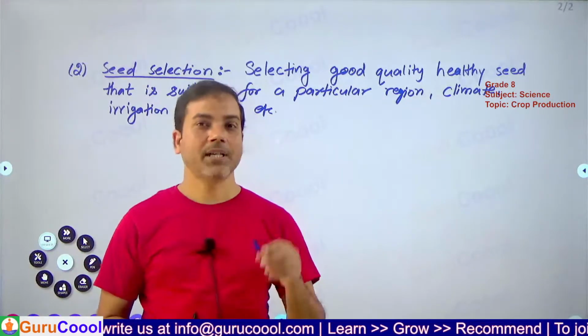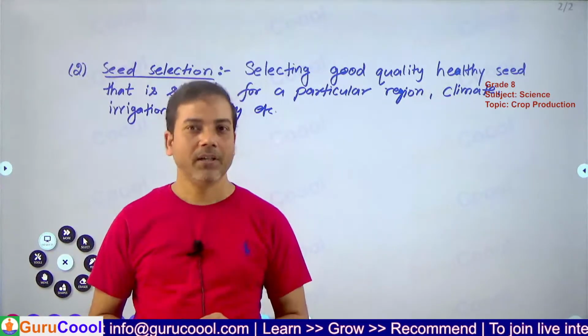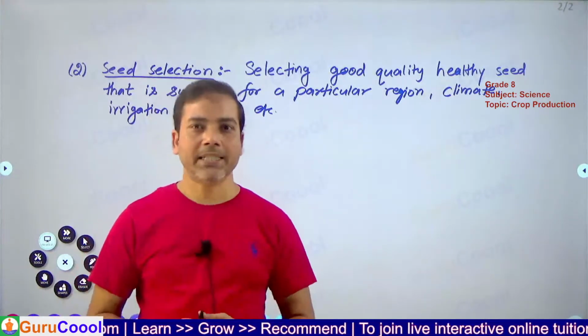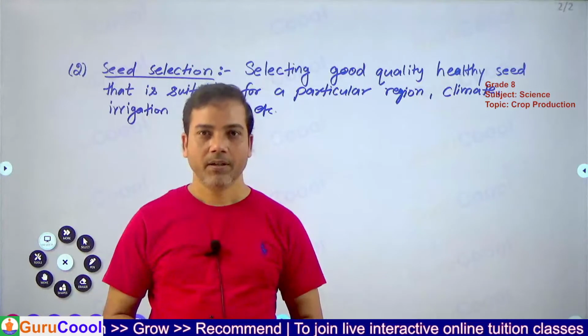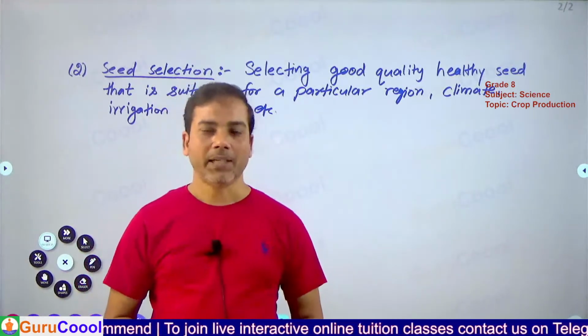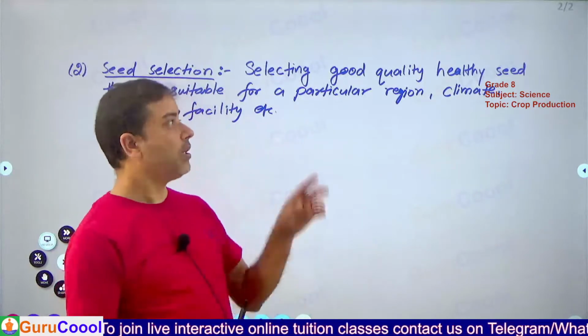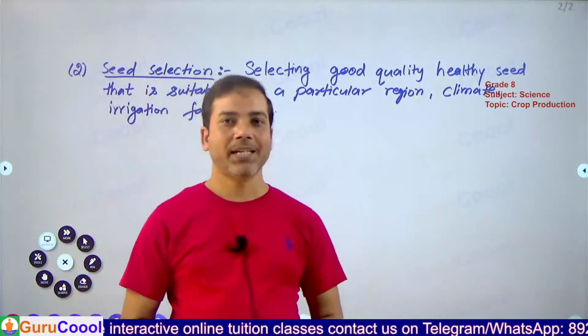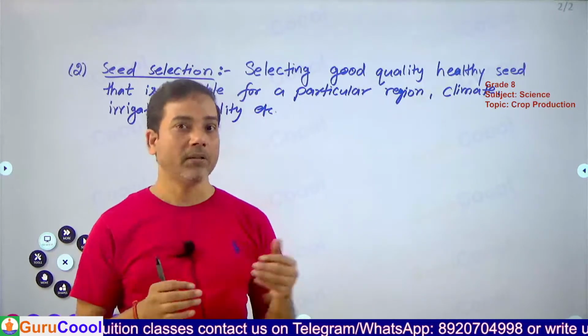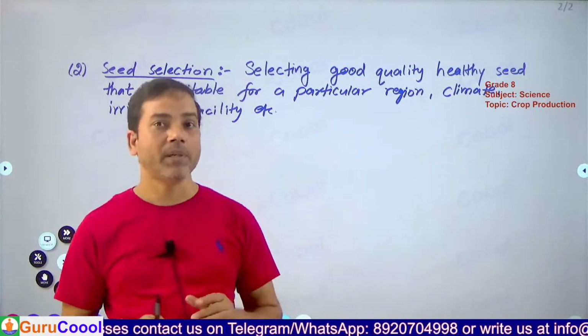If you have studied science carefully, you can apply the methods to your farming practices as well, or to other practices of life. So let's talk about how to check if your seed is of good quality, that it should not be diseased.